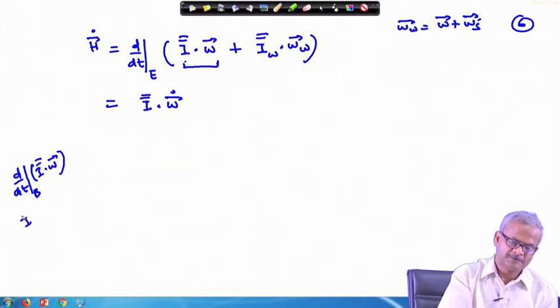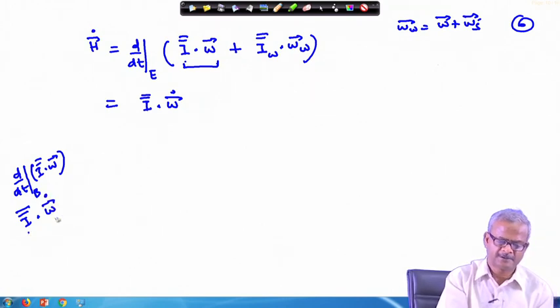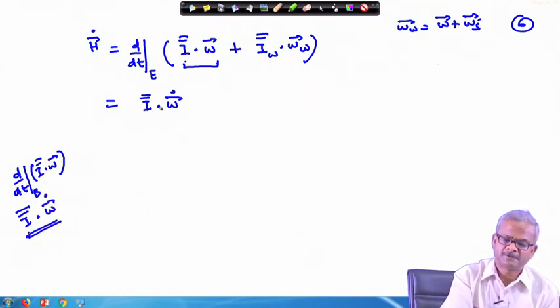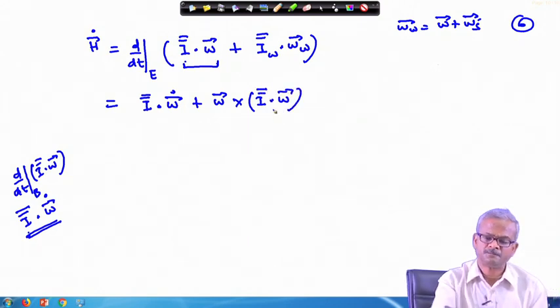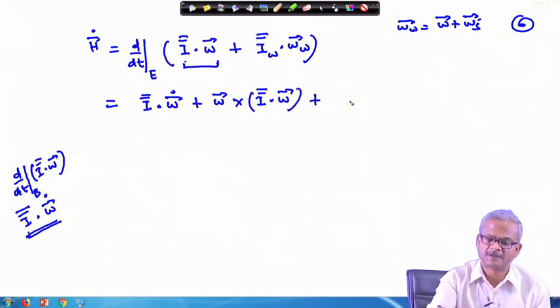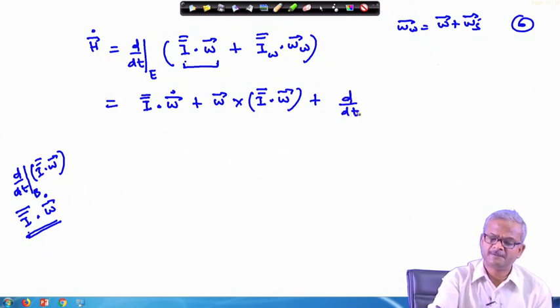So, this I double bar comes out, this inertia dyadic, and we get here I times w dot. This is the dot product here, and then omega cross, and plus for this part, d by dt with respect to E.